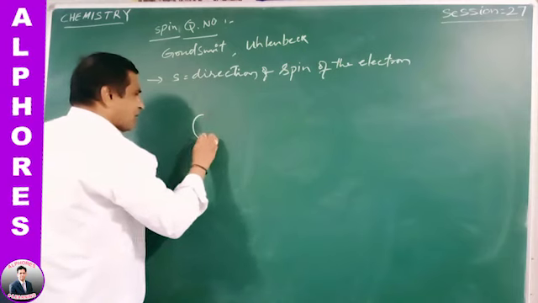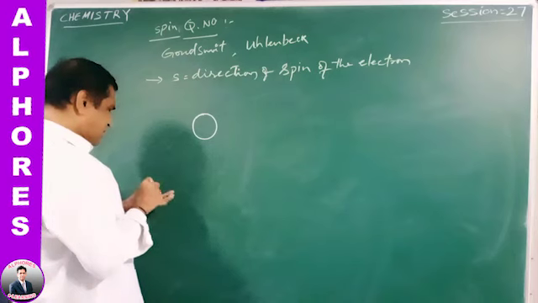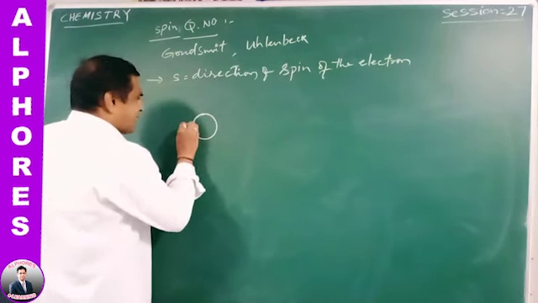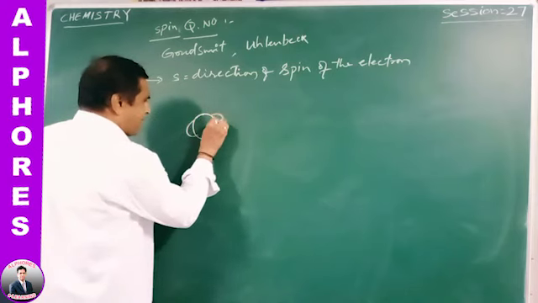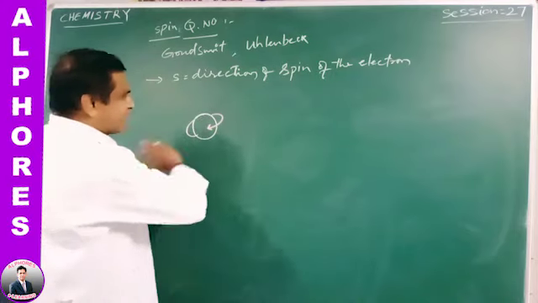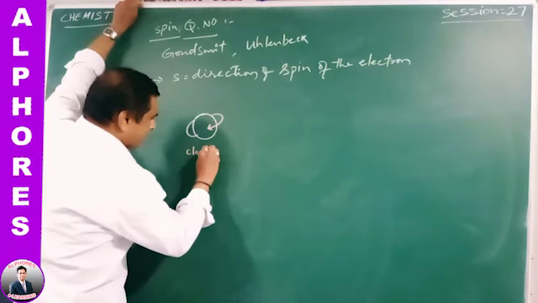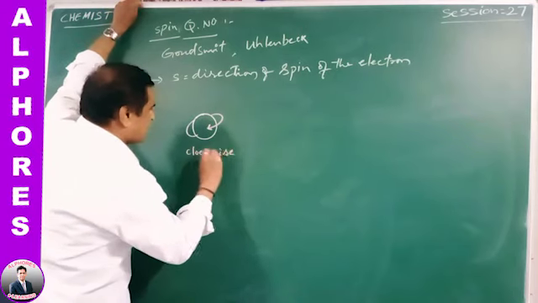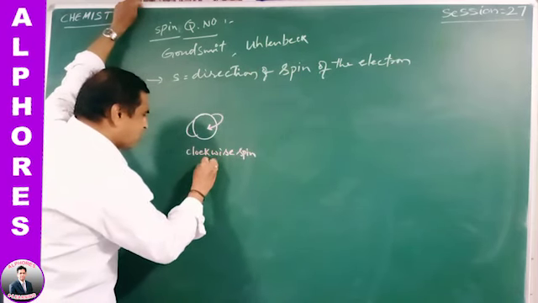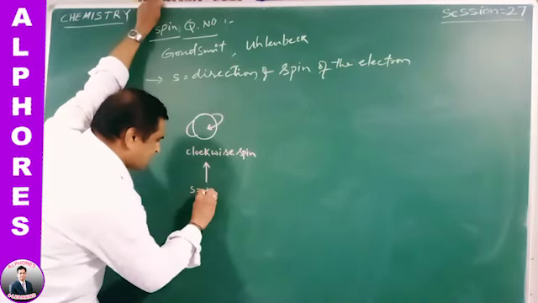Suppose the electron rotates clockwise. That is a clockwise spin, and for that electron the arrow mark is represented upward. For this electron, the spin quantum number value is plus 1 by 2.